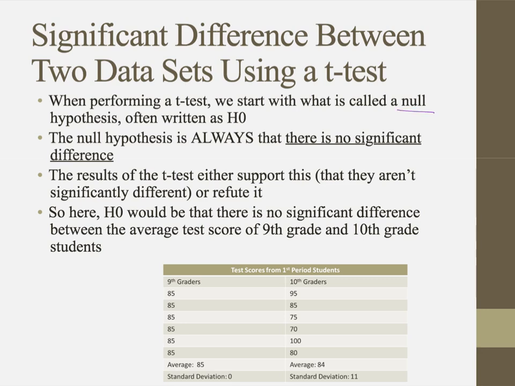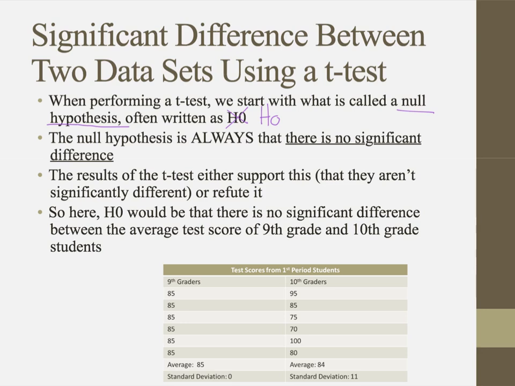A null hypothesis is written as H subscript 0. Okay, and it's the big Debbie Downer of science. The null hypothesis is always that there is no significant difference. So no matter what your experiment may be, you state the null hypothesis as there is no significant difference.